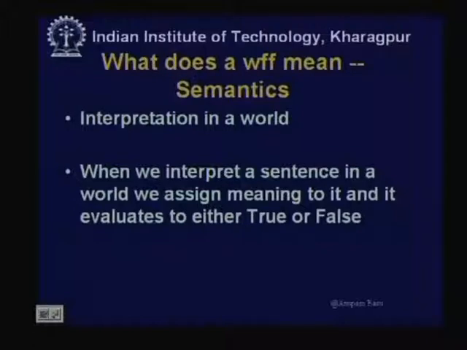The rule of a baseball match is different from the rule of a cricket match. The cricket match, along with all its rules and all its definitions, forms a world. Similarly, a soccer match or a baseball match forms a different world. So, when we interpret a sentence in a world, we assign meaning to it, and that evaluates to true or false.